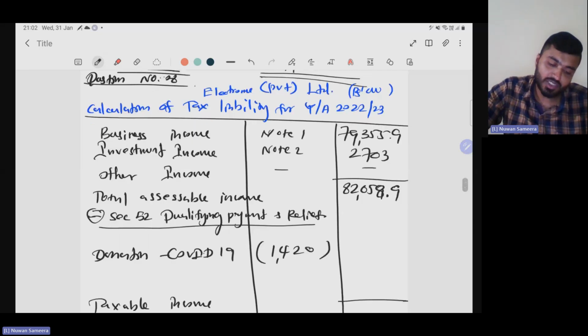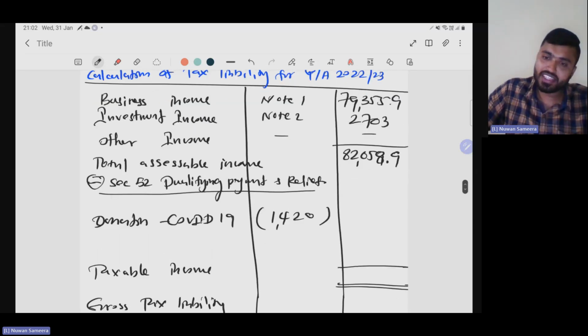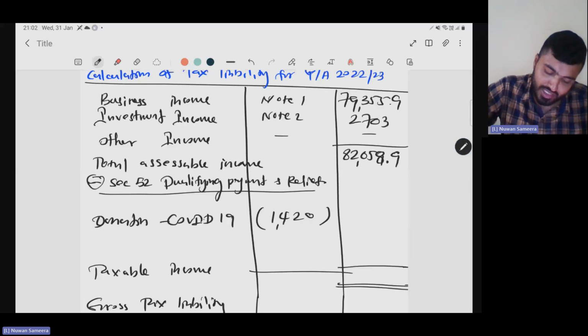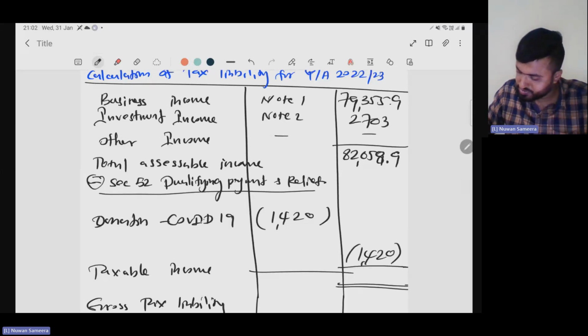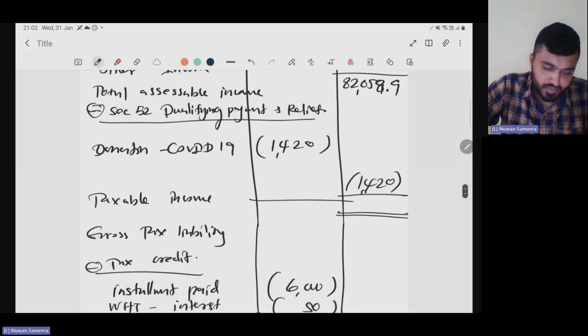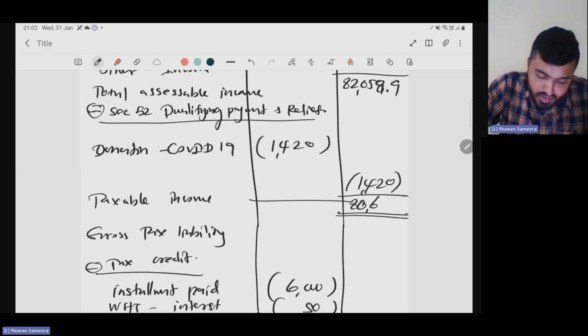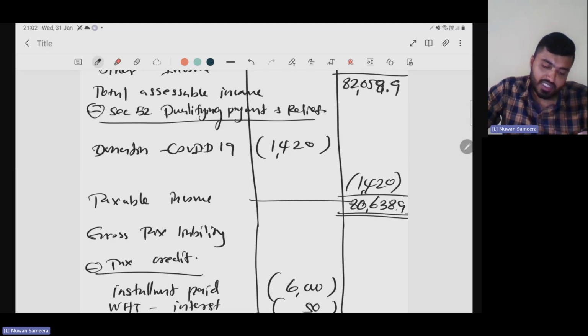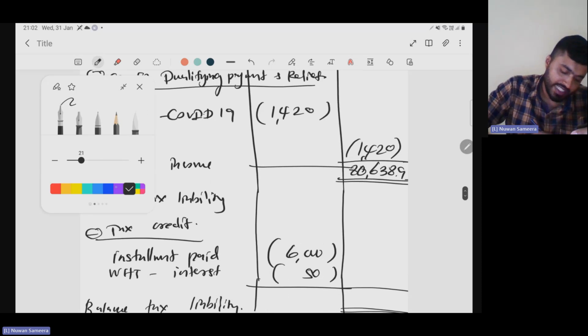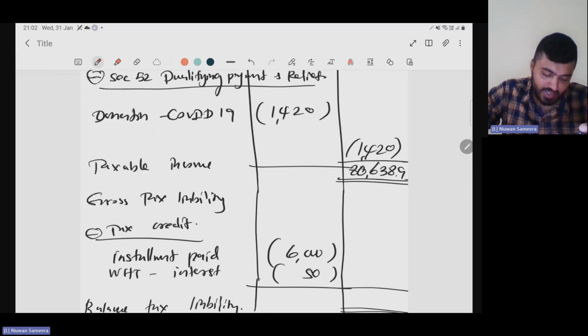So in this case, there is no personal tax relief like for individuals, right? For this case, only 1,420. So here 80,638.9. So now the most critical area is how you can calculate the gross tax liability.